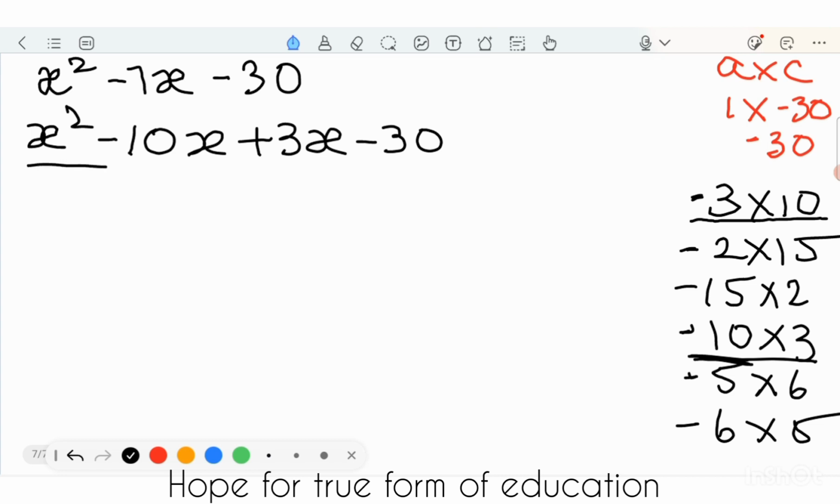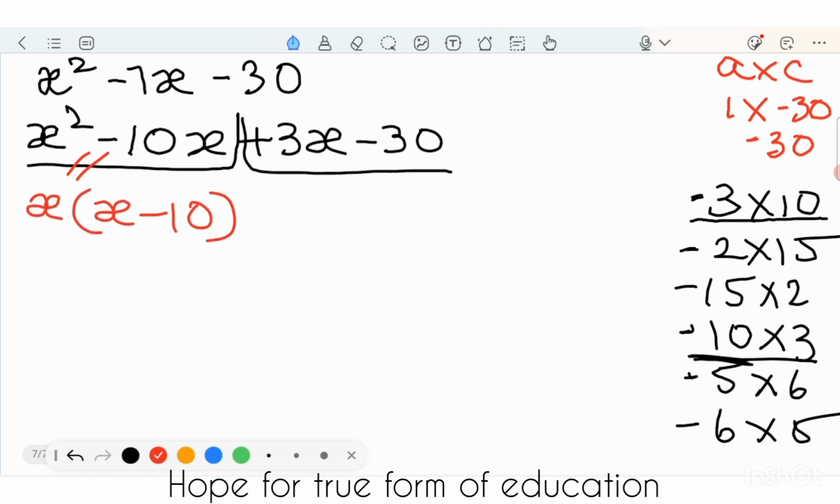Now here we have divided successfully into two parts. This step will be taking what is common in both of them. In this we have x as common, x into x minus 10. X into x is x square, minus x into 10 is 10x, plus 3 into x, 3 into x is 3x, minus as it is into 10.